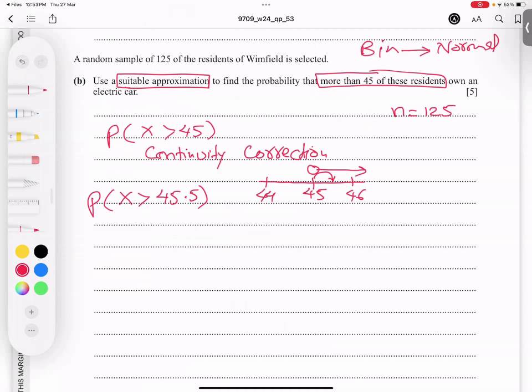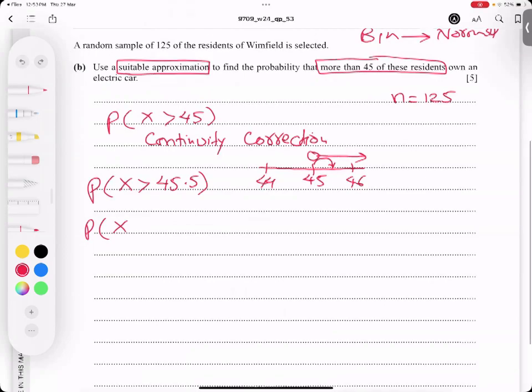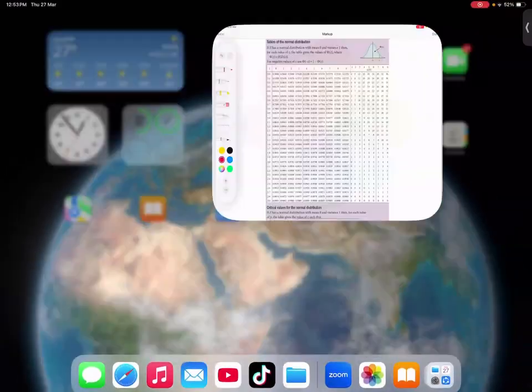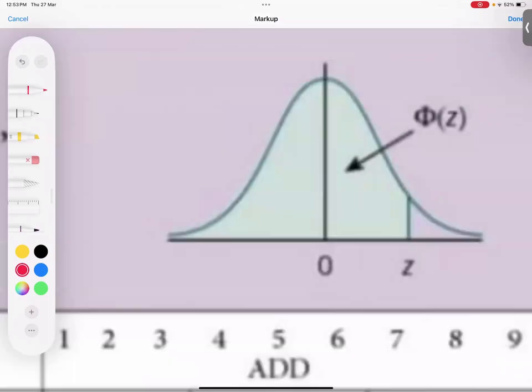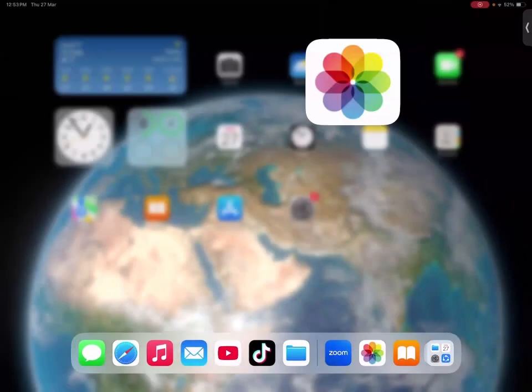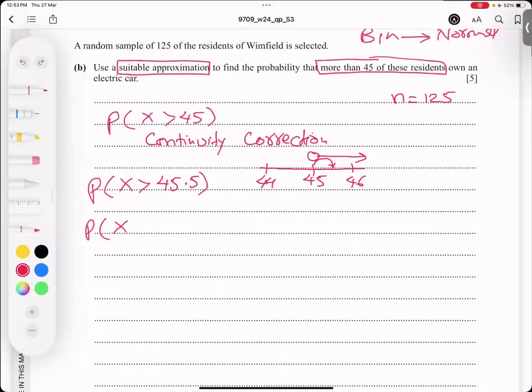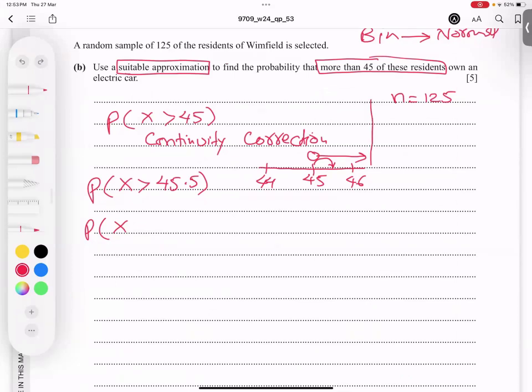Now the problem is the formula we have. We want to convert X into Z, because this table can be used only when the data is converted into Z format.